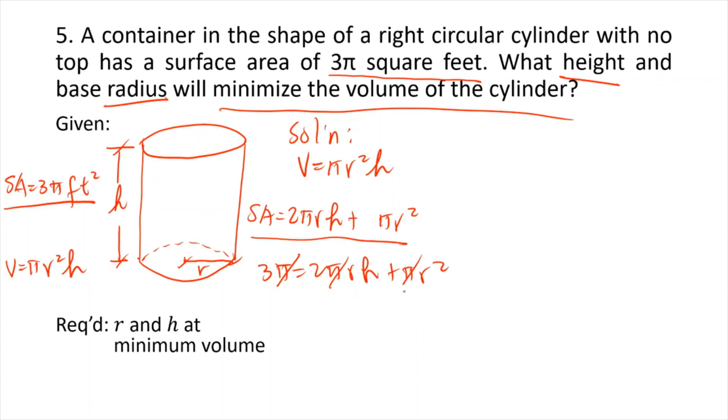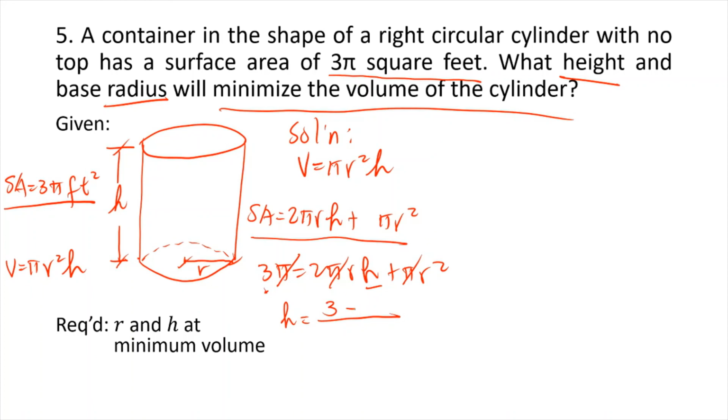And then we can solve for either the radius or the height. For this particular equation, it would be more convenient if we solve for h. So h is equal to what? We have 3, then transpose this term, r squared.